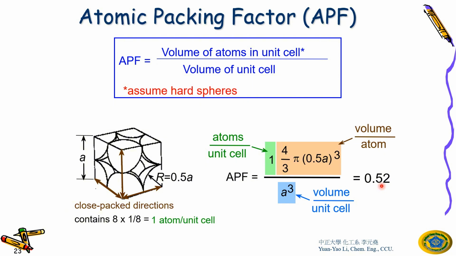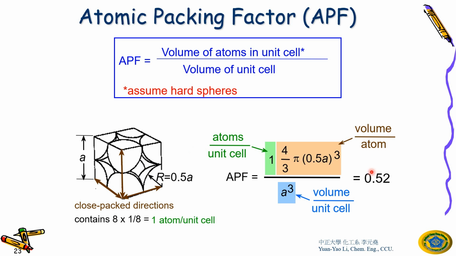And 0.52 means what? About 50% is solid. There is 48% empty space in this cube. So the packing is not good. It's not a good packing because about half of the space is empty in this cube. So it will be a very loose structure, right?